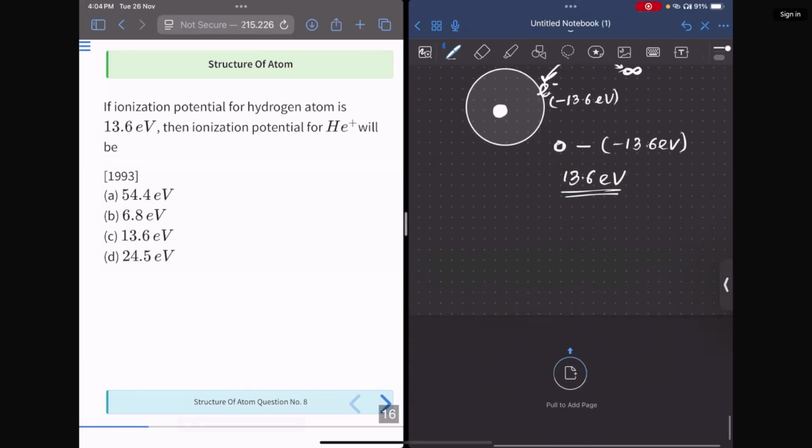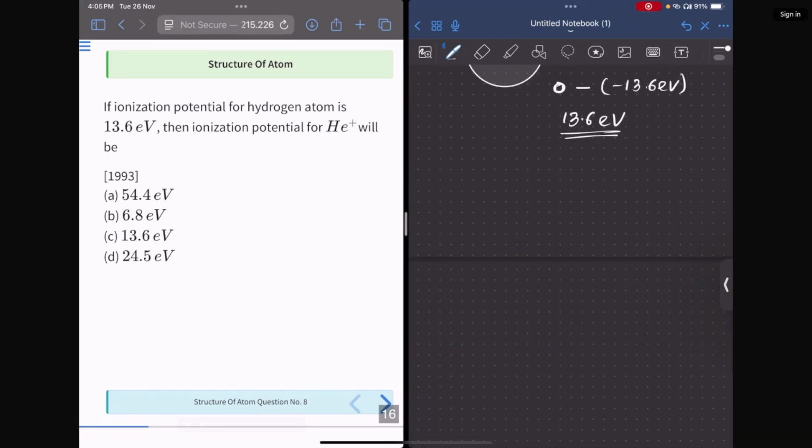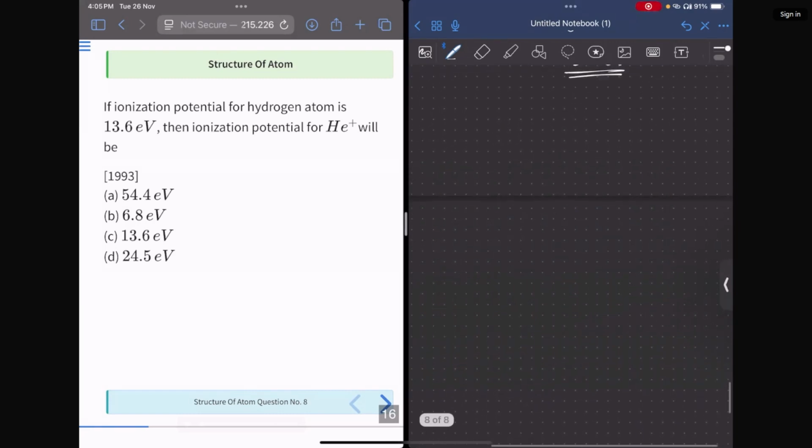So let's calculate the energy of the electron in helium plus ion. It is a helium plus ion, and it also has a single electron. Because it is not a hydrogen atom, we have to calculate it for helium plus ion by putting the Z value 2. So the formula is E equal to minus 13.6 into Z square divided by N square.